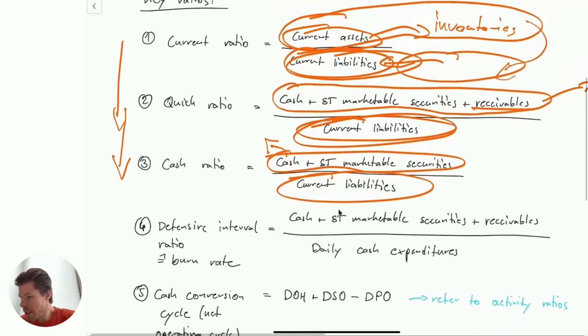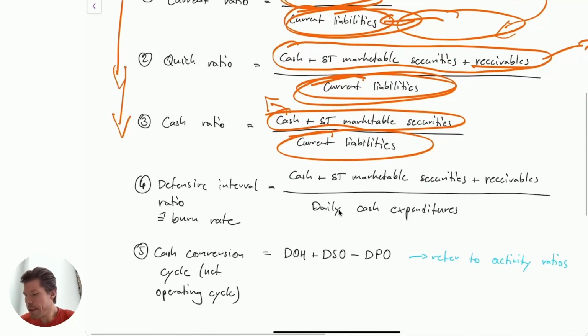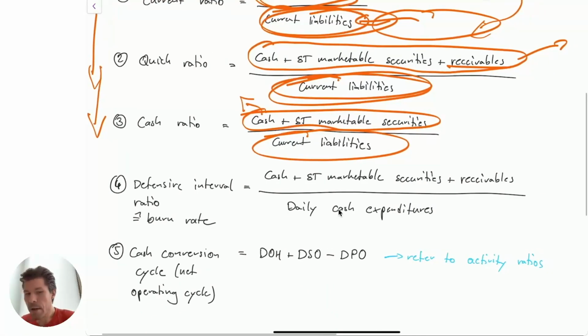There's another one, so these three are more common. There's another one called the defensive interval ratio. In the startup scene, we call it burn rate, which is basically how long a company can pay its daily cash expenditures using only its existing liquid assets without additional cash flow coming in.